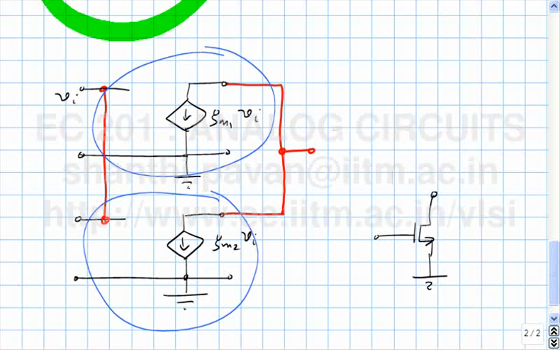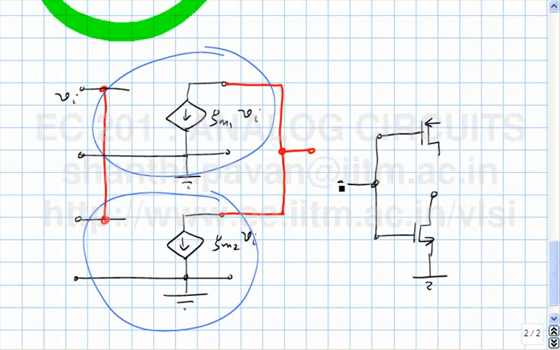I say, hey, why should I be partial to NMOS all the time? I will identify this guy with a PMOS transistor operating in saturation. So I have a PMOS transistor, so what should I do to the source, the drain and the gate? I should connect it to the gate of the NMOS transistor.